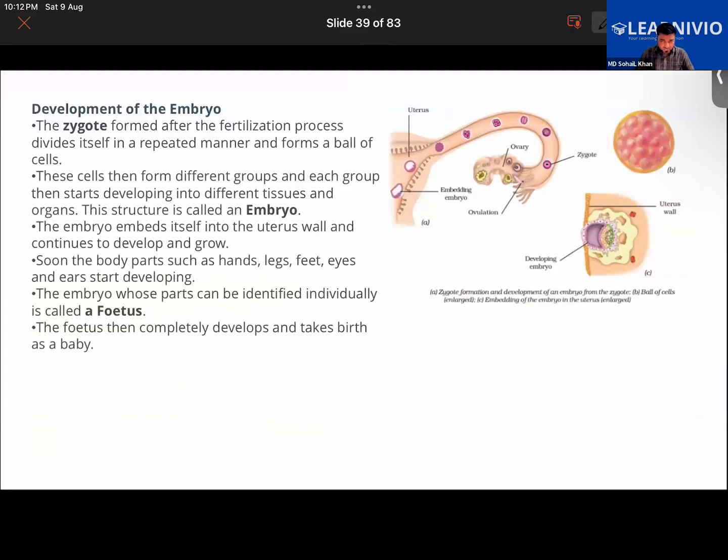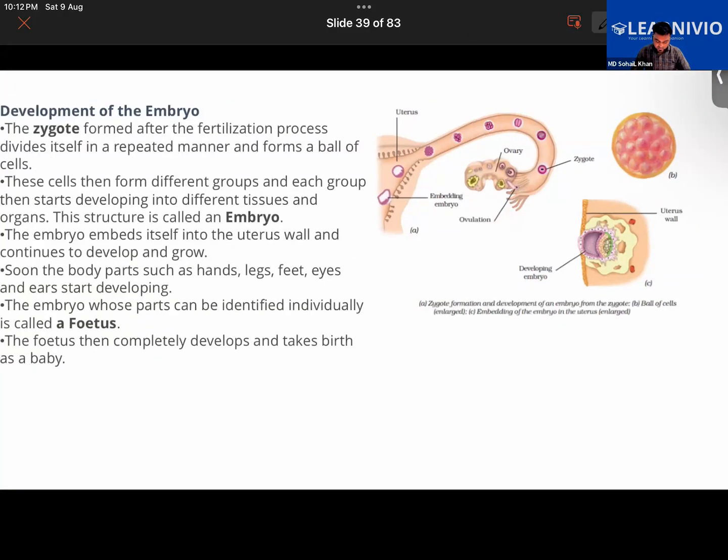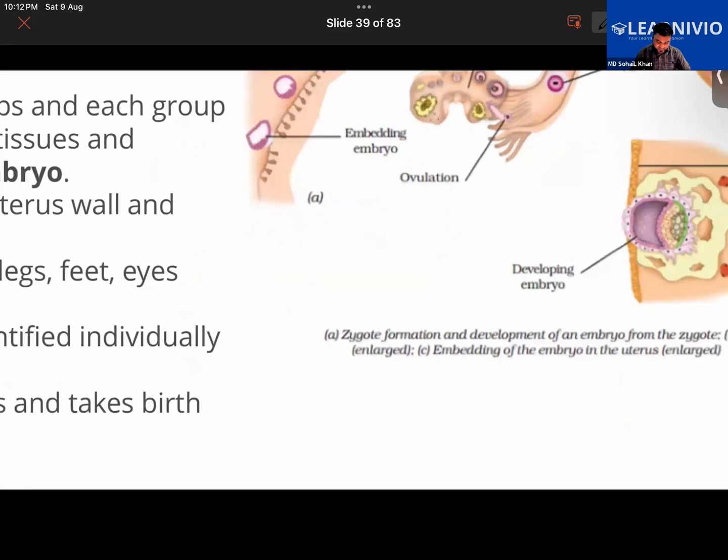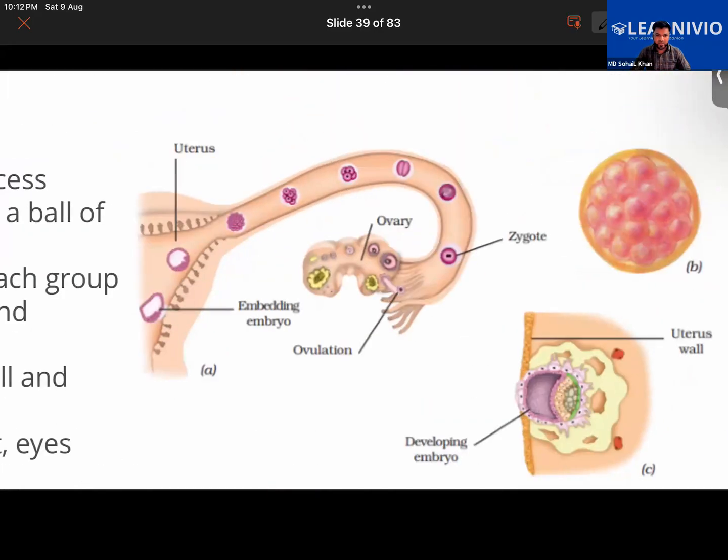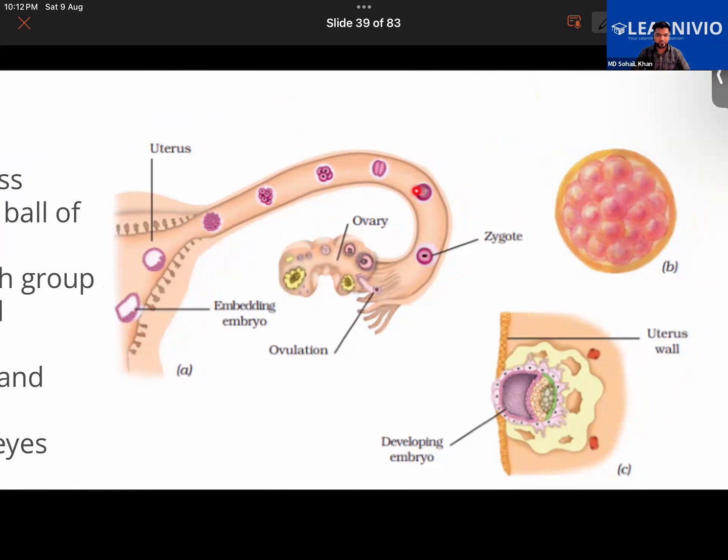Now after the fertilization, the cells in the zygote will start to multiply repeatedly. There will be 2 cells, 4 cells, 8 cells, 16 cells, and 32 cells, like that. This is a lump of ball with multiple cells in it.